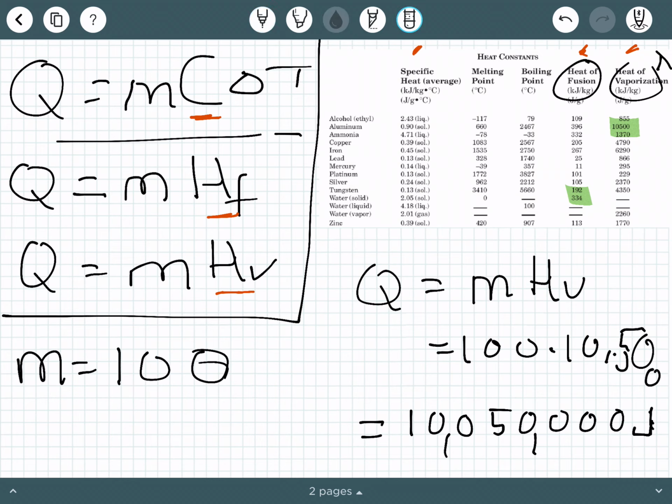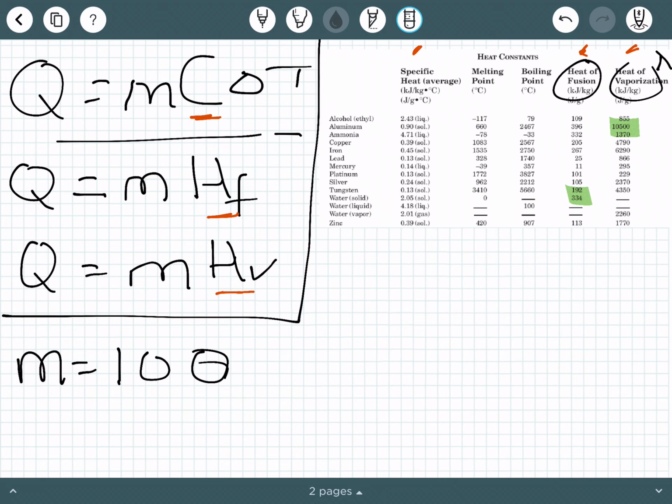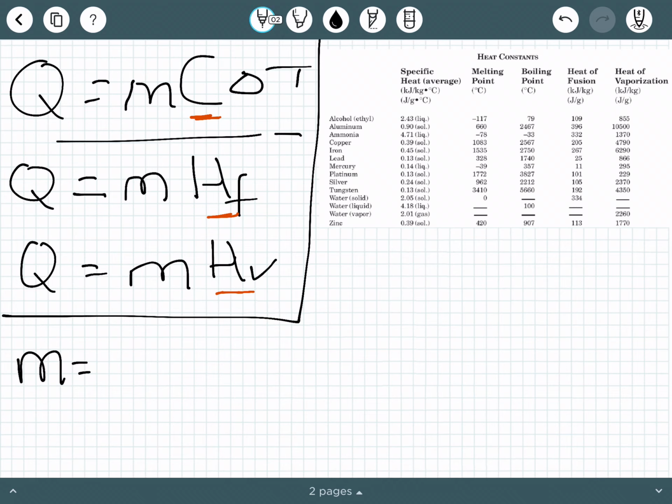Okay, now let's try one, and you solve this without my help. Remember, stop the video if you ever need to. Back it up if you need. Now, I want to take 88 grams of copper.